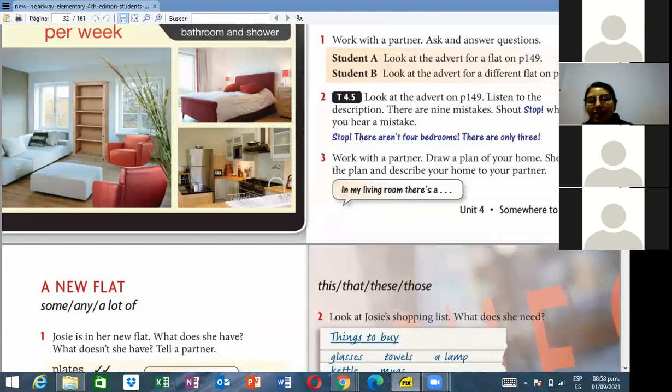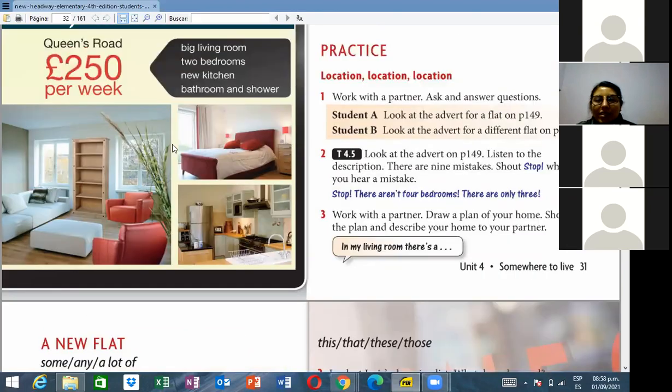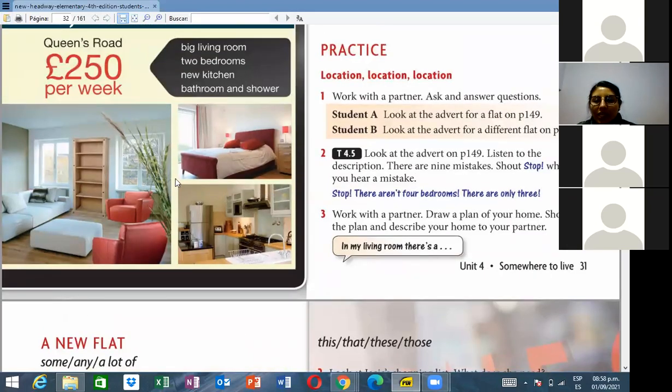Okay, it's a homework, please, for tomorrow, that activity. I need that, please, you have to take a photograph from your house if you want, but if you don't want to take a photograph of your houses, you can search on internet.